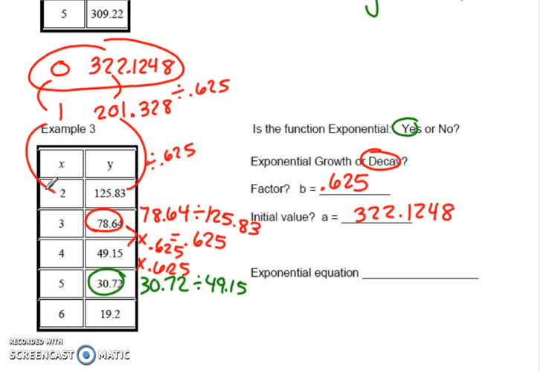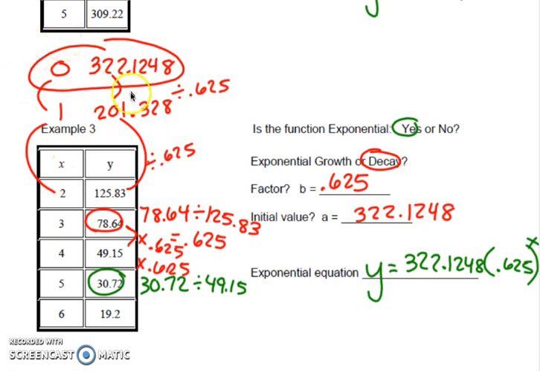Okay, so once you did all that work for finding your initial value, you can write your equation. So y would equal your initial value first, followed by the parentheses, which was 0.625. And don't forget to raise it to the x power.